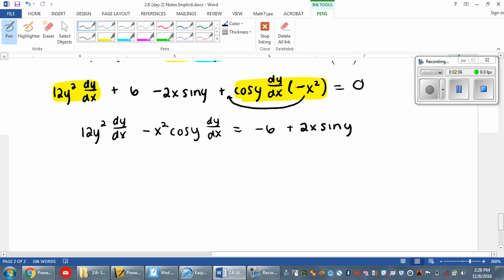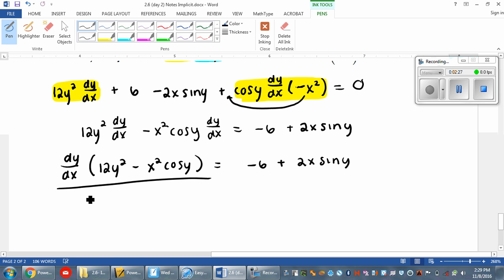Again, our goal is to get the derivative by itself to find the slope of the tangent line. So to get it by itself, just factor it out. And I'm left with 12y squared minus x squared cosine of y is equal to negative 6 plus 2x sine of y.